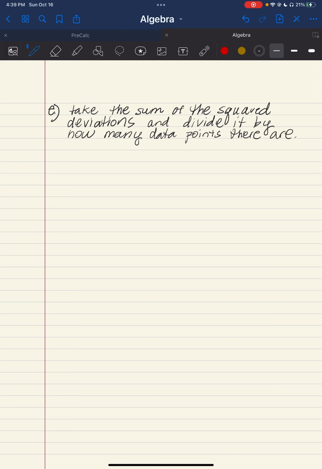So in this particular case, the sum of squared deviations is equal to 700. And we said that there's 7 numbers. So we're going to take, in this step, the 700 and divide it by 7. All right, and then we're going to get an answer of 100.